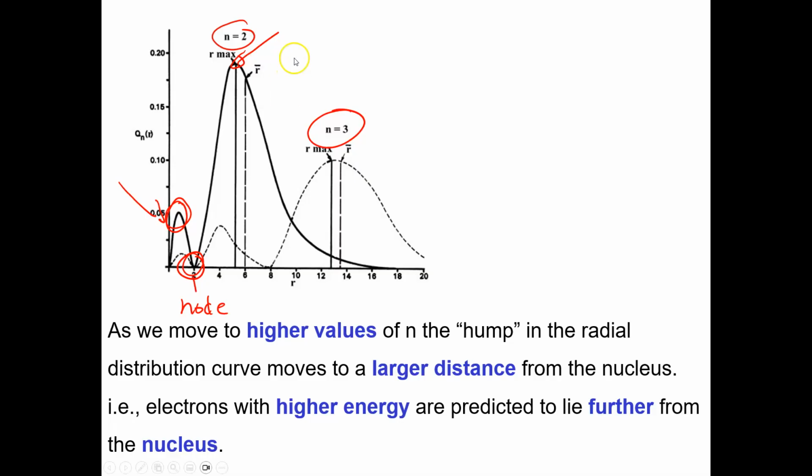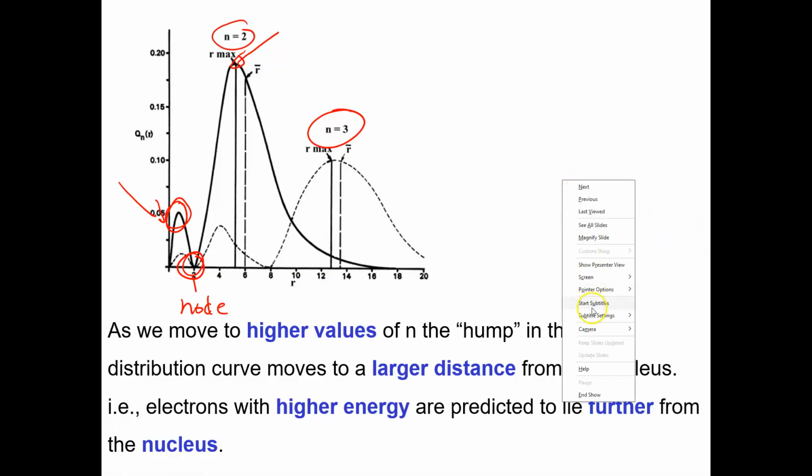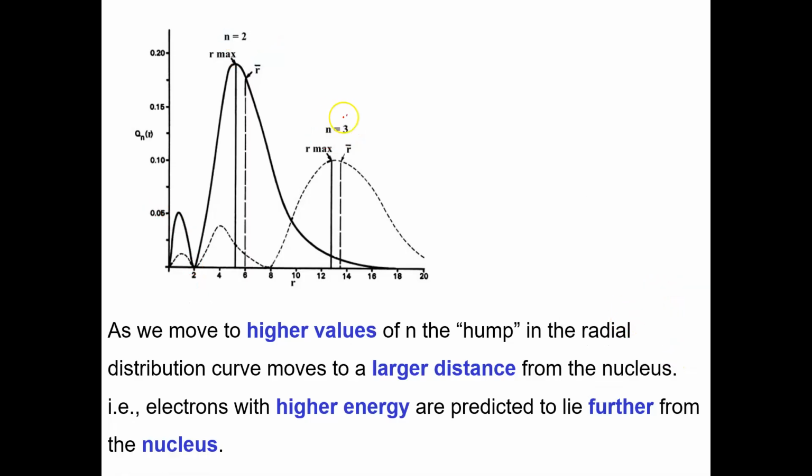When we go to n equals 3, we see some interesting features. We get 2 nodes now, and then we get a couple of humps that are way in close. And then here we have the most probable distance, which is further out than found in the n equals 2 level.